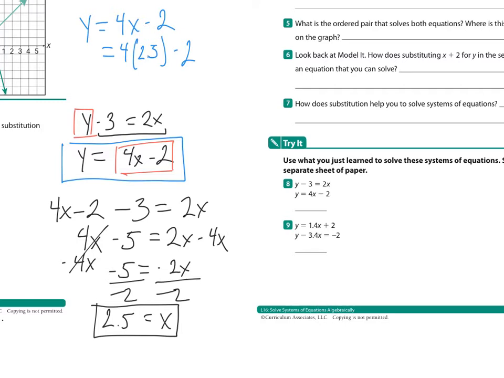So 4 times 2.5, I think that's just 10. 10 minus 2 is just 8. So there's your 2 answers. So my answers for number 8, if you'd like to write them like an ordered pair, are 2.5 and 8.